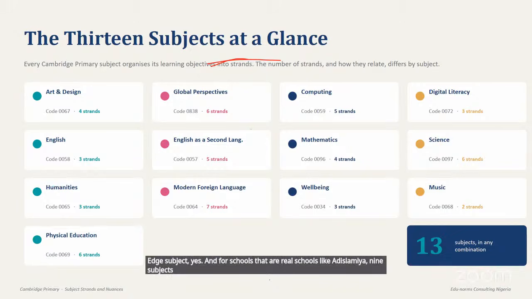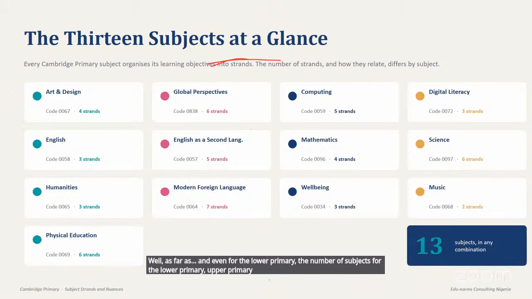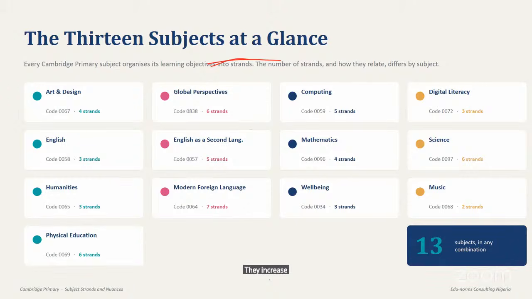The number of subjects increases from lower primary to upper primary, and in lower secondary they increase as well. It's not like that under the British. The number of subjects each child starts with is what you're going to end up with.